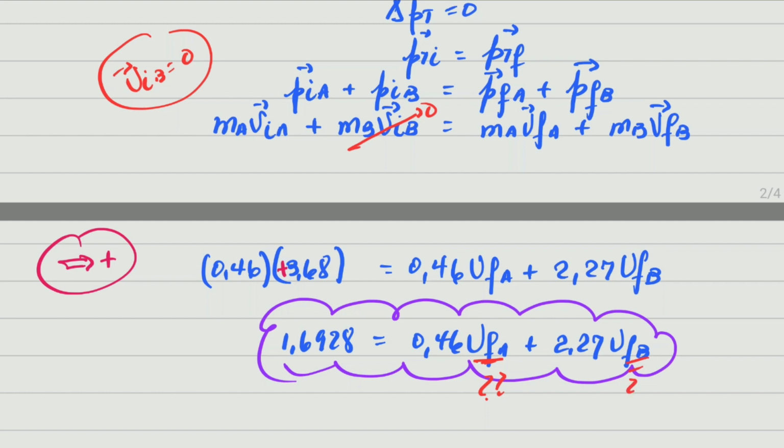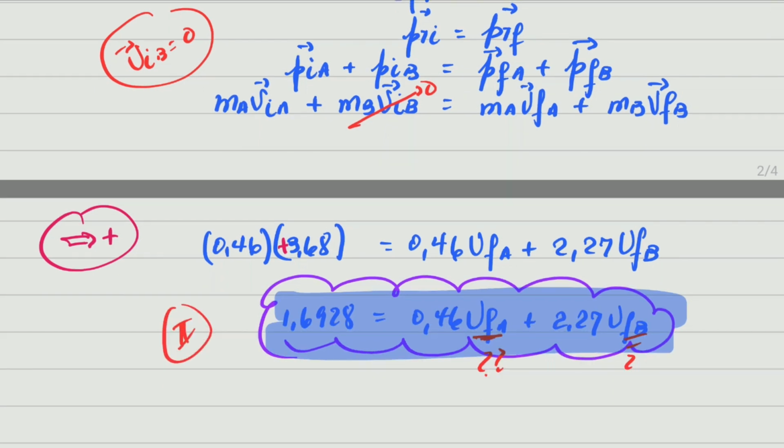So we have two unknowns there, which is the same as the first equation. So we are going to now work simultaneously with those two equations. That is just using maths. So this one is equation 2. I'm going to show you how I work with these equations here.